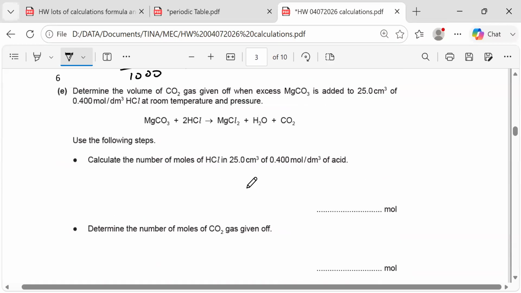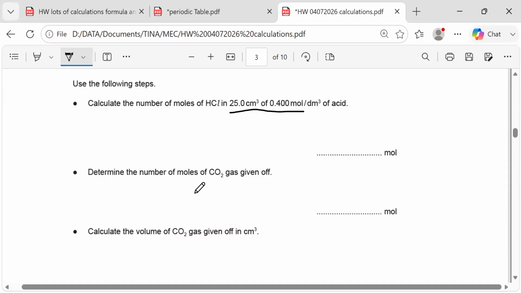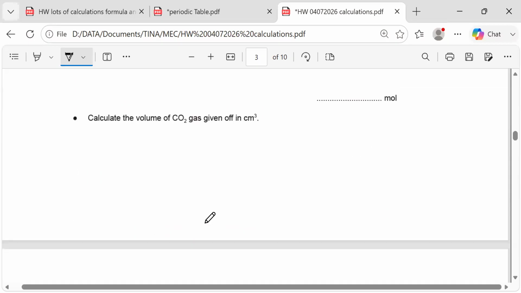I give you a clue. This one is MV over 1,000. The first one is calculating MV over 1,000. The second one is using ratio. The last one is using the one for gas.